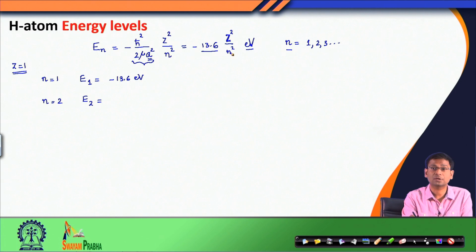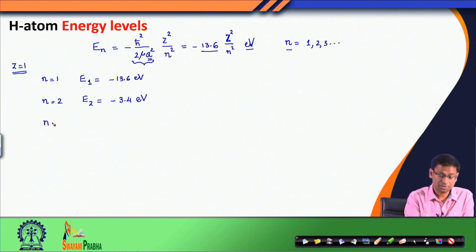I am getting 4 because n square, n is 2, so n square is 4, and this would turn out to be something around 3.4 electron volt. And similarly, when you do n equals 3, you would see E 3 would turn out to be about 1.51 electron volt. Please note that all these numbers are negative, because we have this negative sign over here.